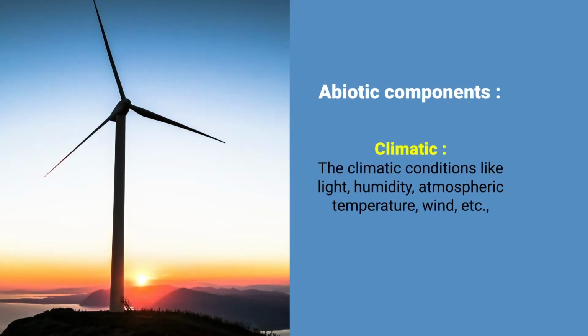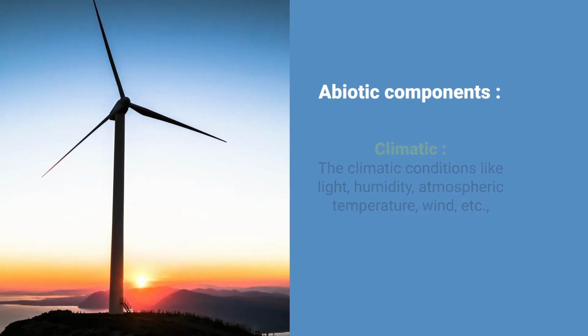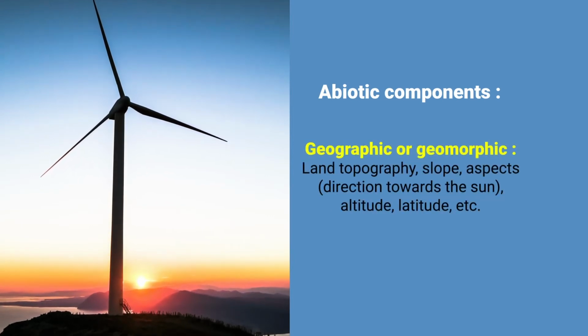Climatic components, as you know, are light, humidity, atmospheric temperature, wind, etc. Geographic or geomorphic components are land topography, slope, aspect, altitude, latitude, etc.